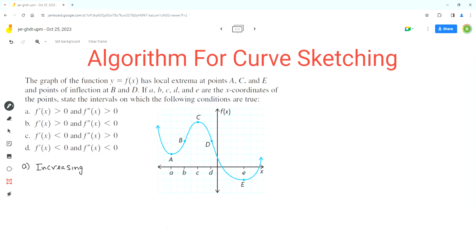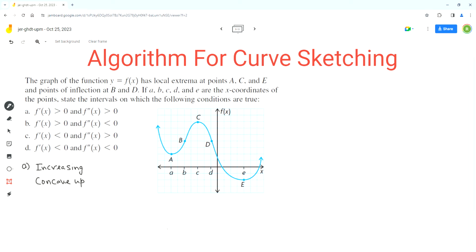Now the second condition is that the second derivative is greater than 0. That means on that interval the curve should be concave up, because the second derivative is greater than 0. So we have to find the interval in this graph where the function is increasing and it's concave up.